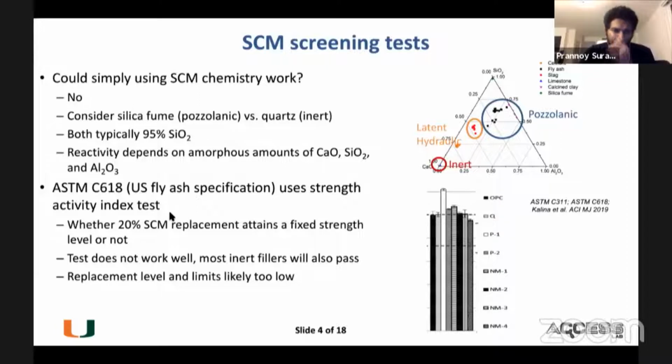So if you replace with 20% SCM and the strength reduction is less than 25%, the test is like, okay, you have a reactive material. Unfortunately, this test does not work. Many inert fillers also pass this test. And I will not get into the details, but basically what's happening is the replacement level, which is 20%, and the limits are both likely too low, okay? So there isn't much value in using this, although people still do.